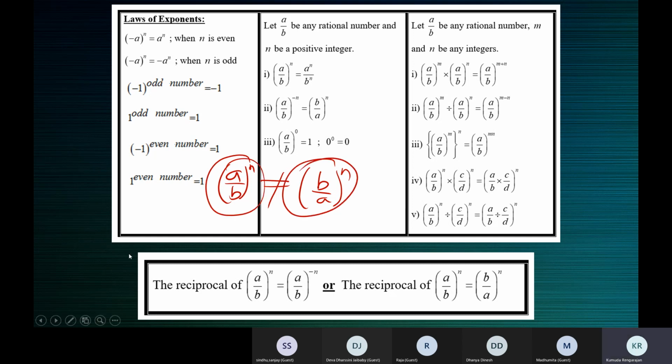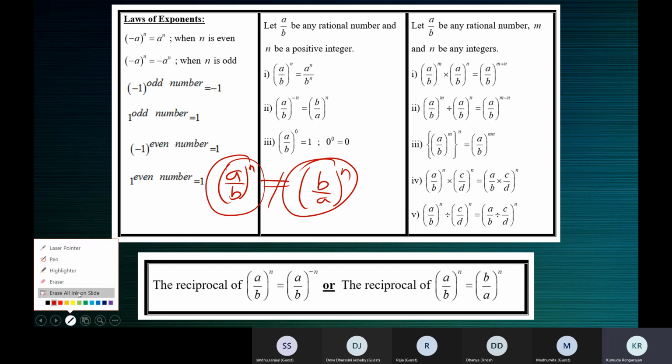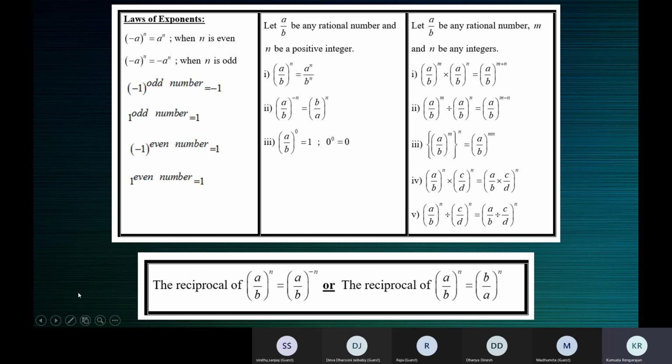You can write the reciprocal of (a by b) to the power n in another way also. If you're given (a by b) to the power n, you can retain the base as it is. You write a by b as a by b. That means you did not take the reciprocal of the base, but you change the power. You write n as minus n.